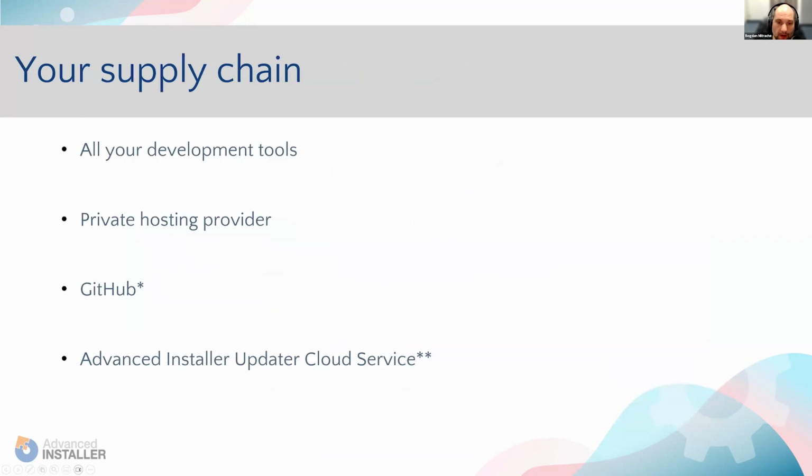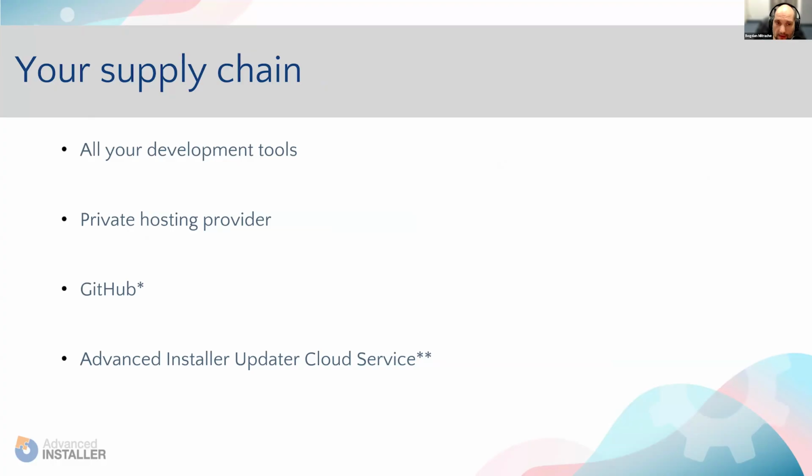The most important part is the supply chain exposure that you have here, because starting from the code that you write with Visual Studio, VS Code, or other tools that you use, and your Git management tools, everything that manages your code is a potential supply chain target for attackers.